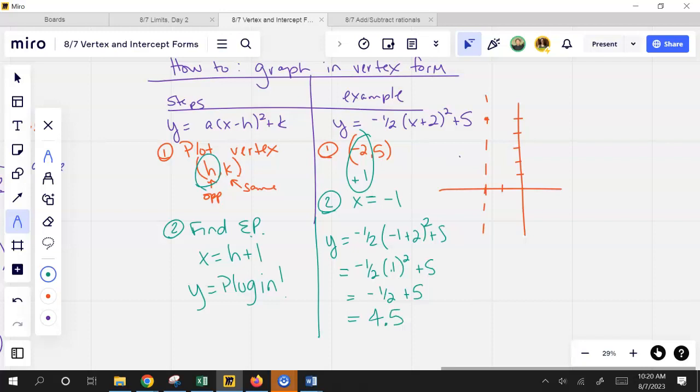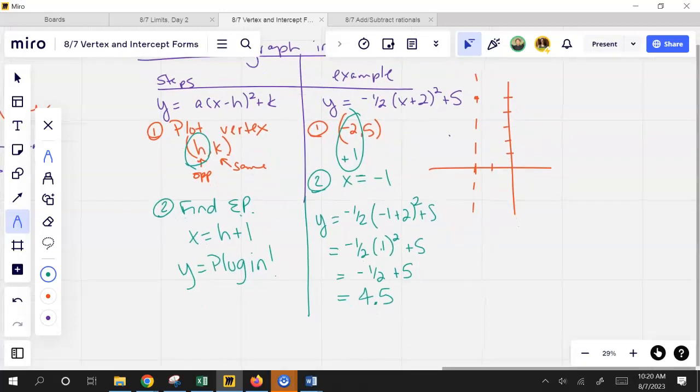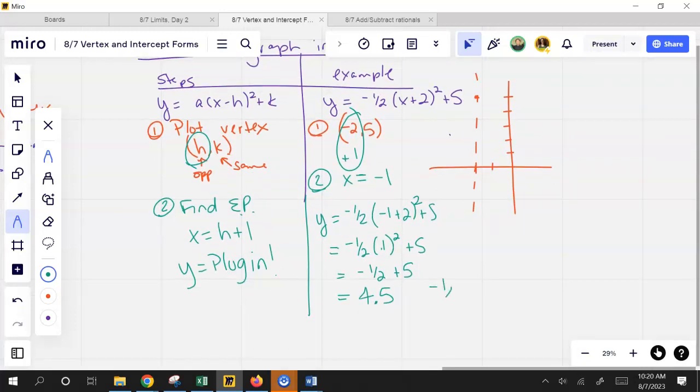I got 4.5 for that one. So that means the coordinates of that easy point are going to be (-1, 4.5). The last step is the same as standard. What is it? It's my favorite. Reflect and connect.